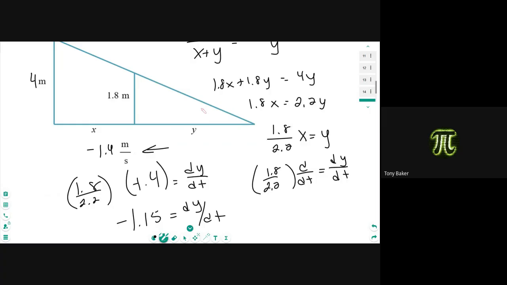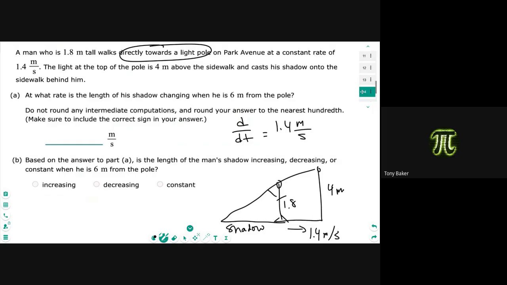All right. Second part of this question. Based on the answer to part A, is the length of the man's shadow increasing or decreasing when he's 6 meters from the pole? Decreasing. That's just based off the sign. Correct.